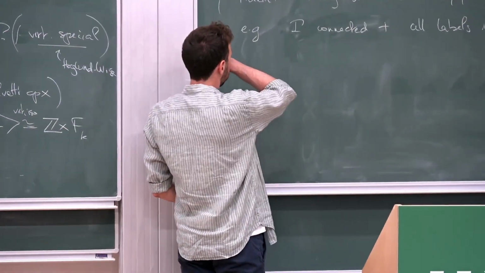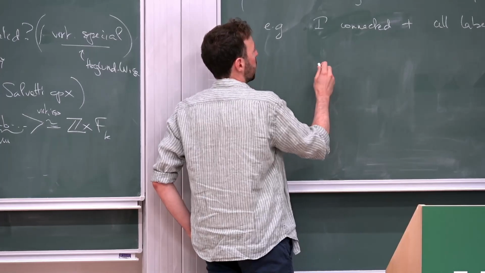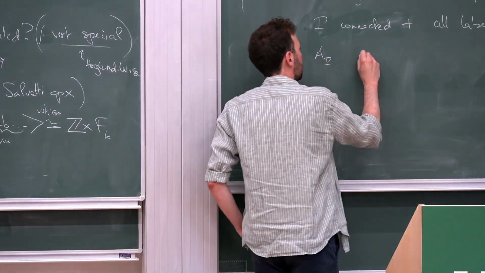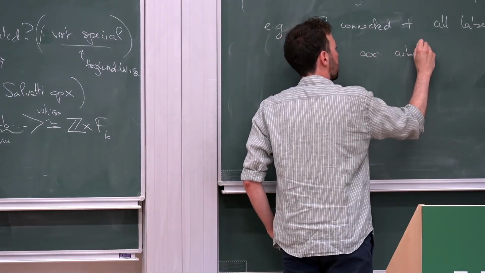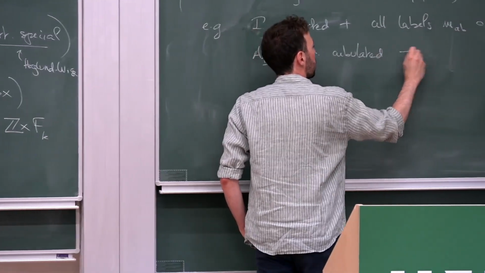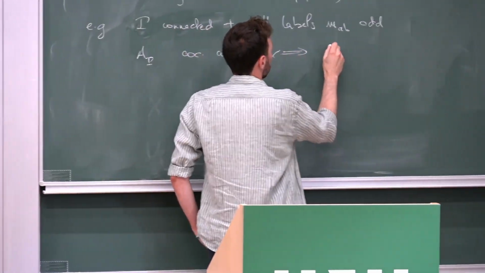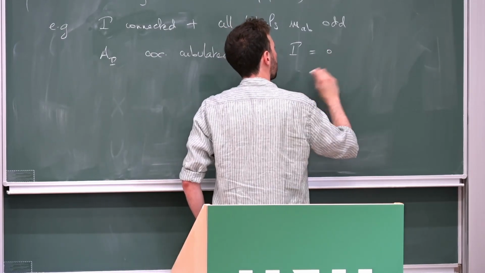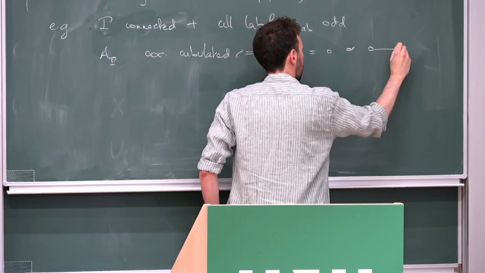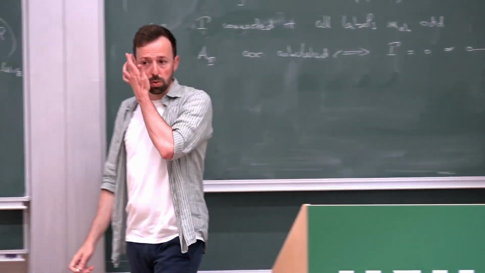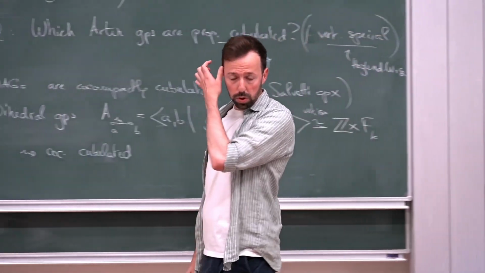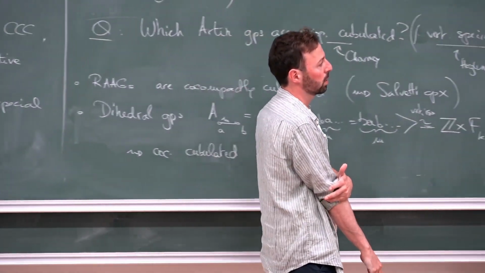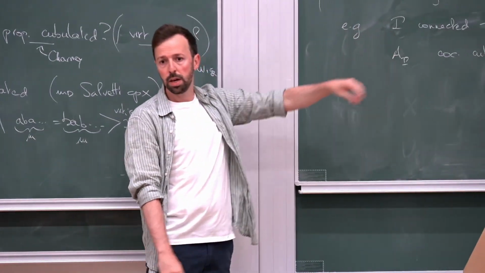And they prove that A gamma is co-compactly cubulated if and only if gamma is a single vertex or a single edge. So as long as you have more than 2 generators, you cannot be co-compactly cubulated in the odd label case.